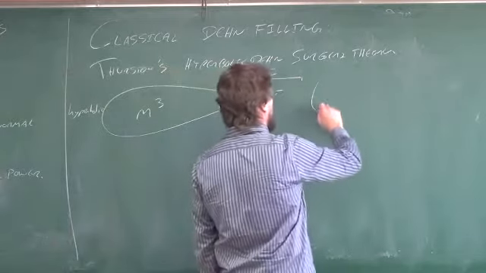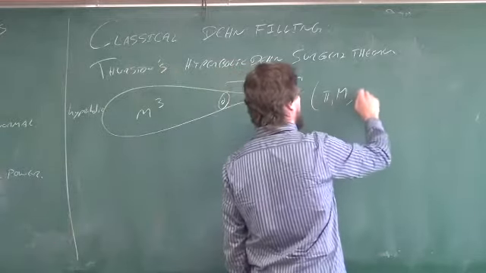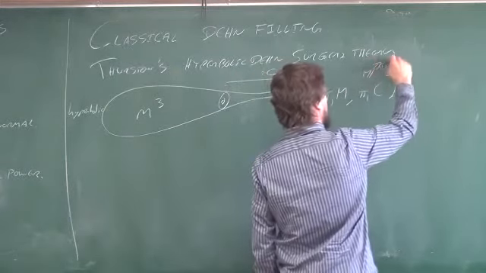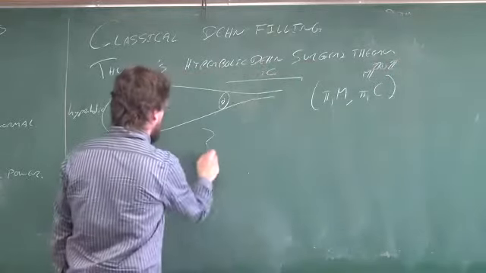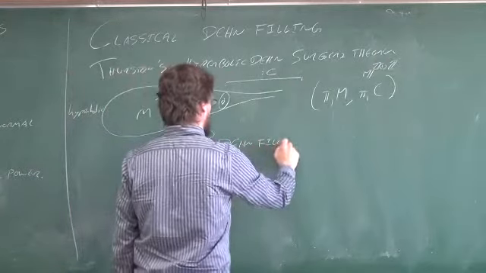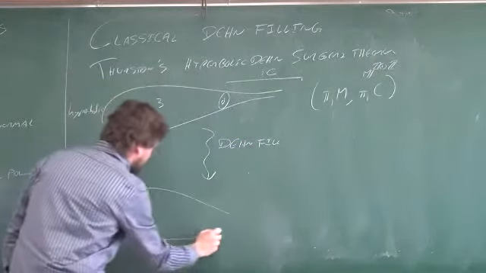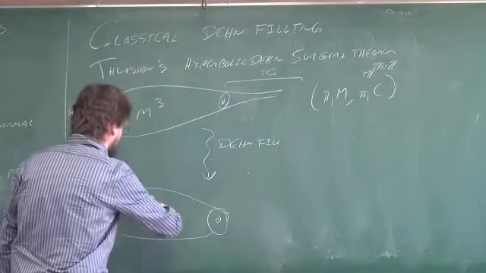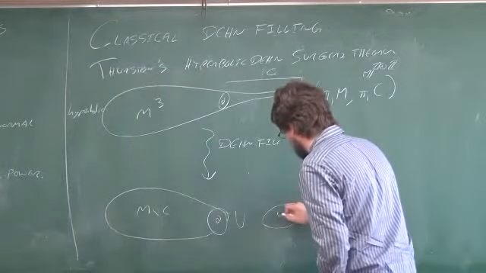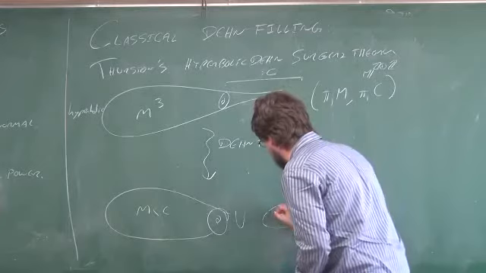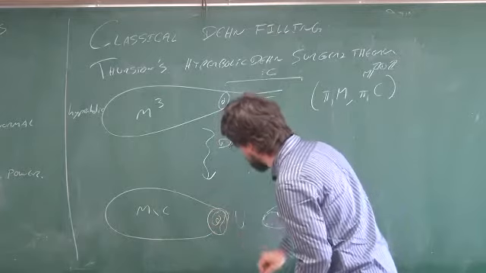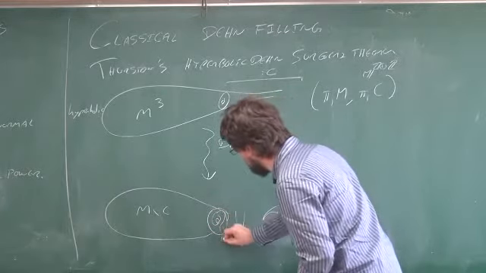So on the level of groups, I have this group pair pi1 of M, pi1 of C, where pi1 of C looks like, say, Z plus Z. I Dehn fill. And now I'm going to draw the same picture that I keep drawing. So M minus C, union the solid torus. I'm going to glue that solid torus so that its meridian goes to some geodesic curve in the boundary, gamma.